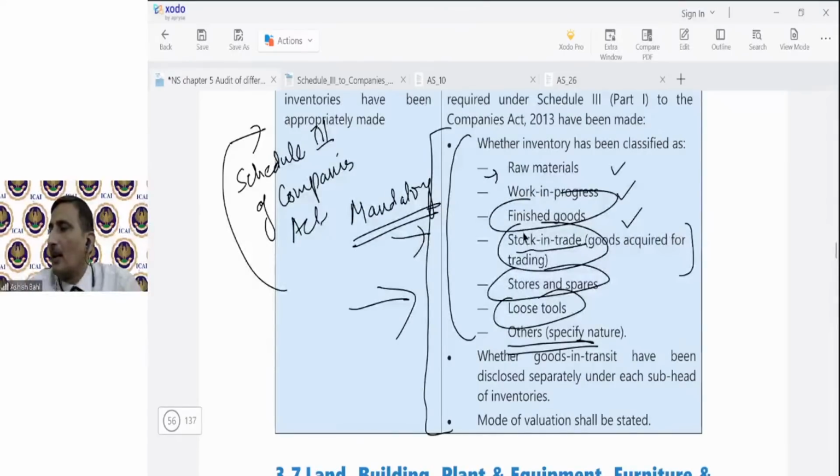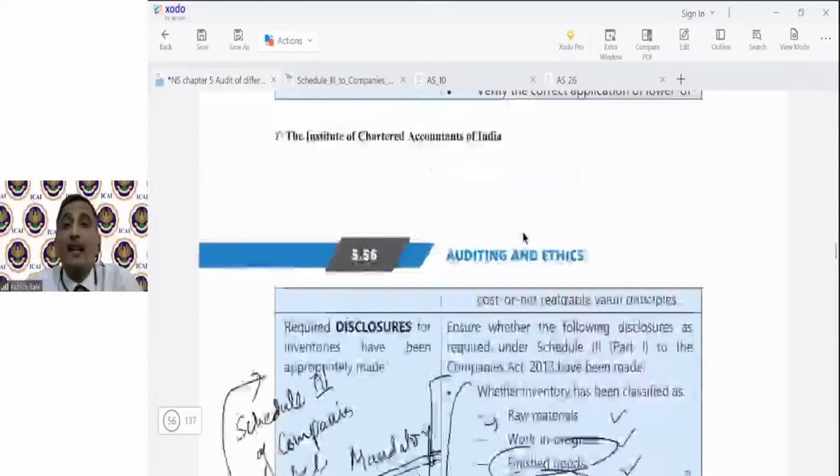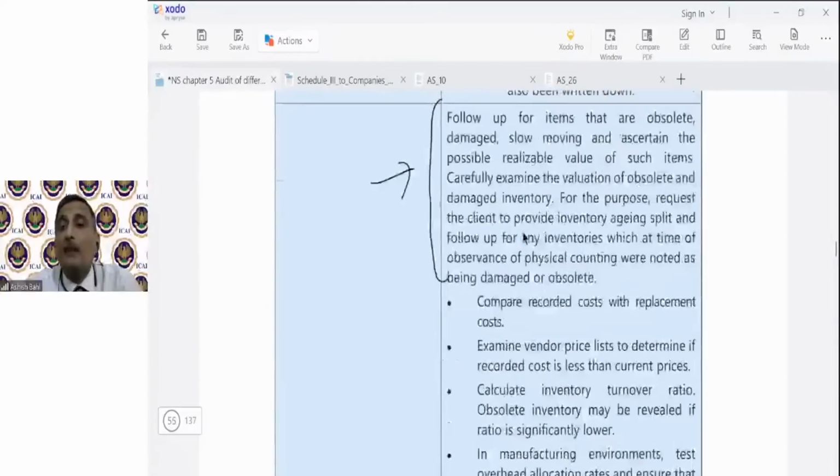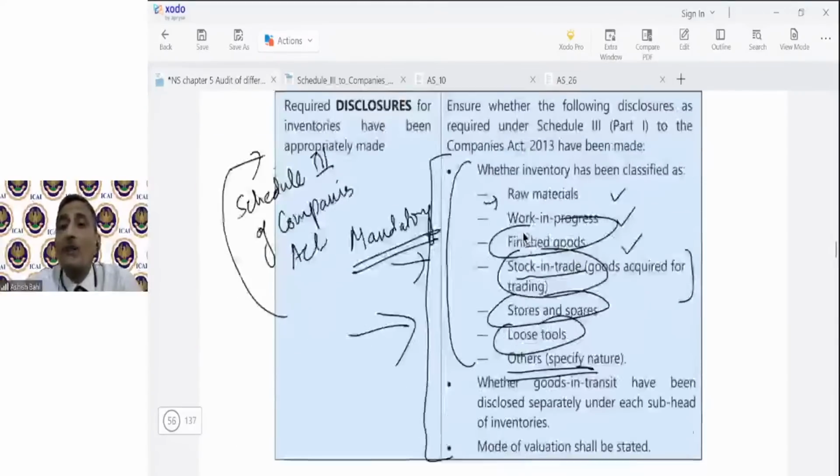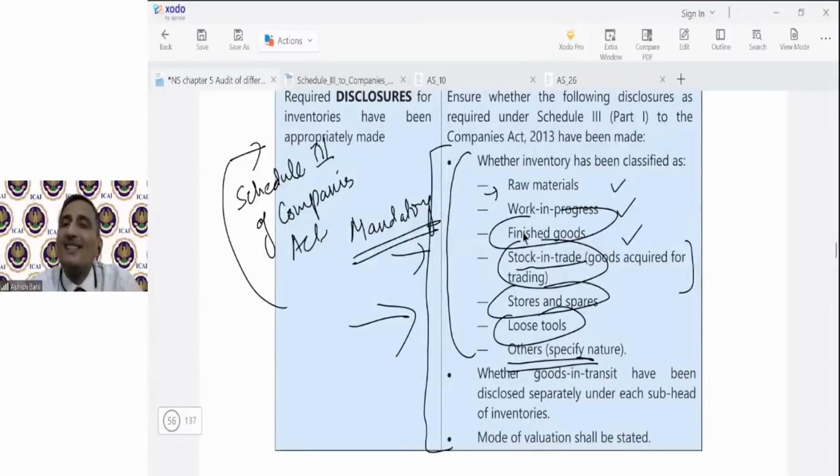Yes, Swati, you are asking: suppose in the exam a question regarding completeness and rights of inventory is asked, then do we have to answer all the points? First of all, Swati, remember, completeness and rights contains many points. So a question on both these assertions is not going to be asked, because it is usually of 3 marks or 4 marks.